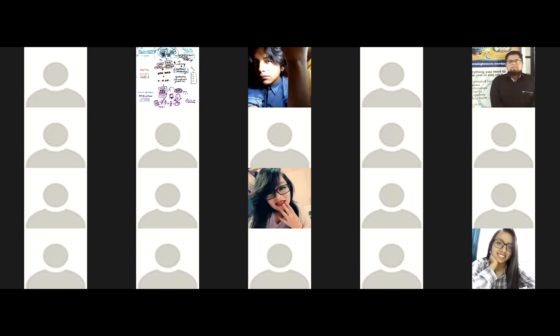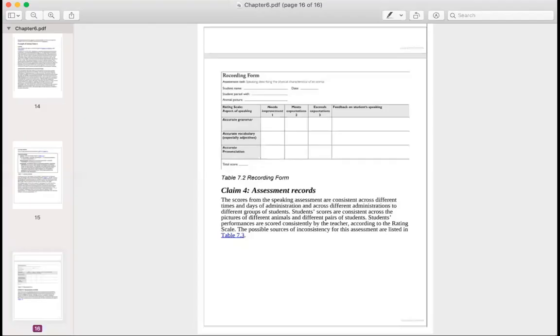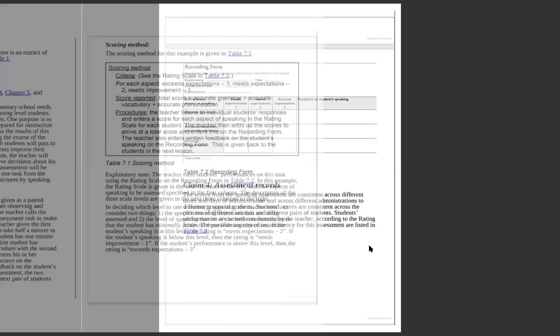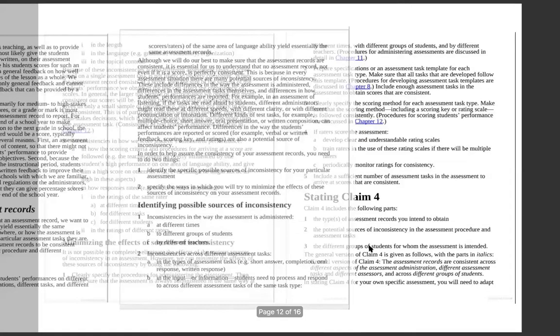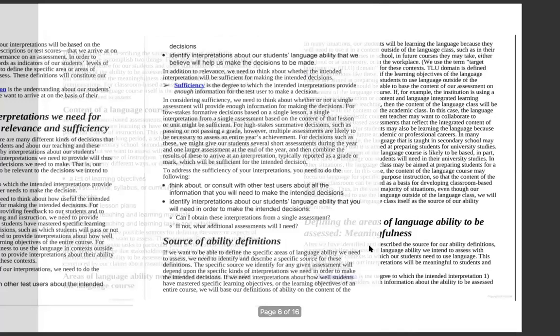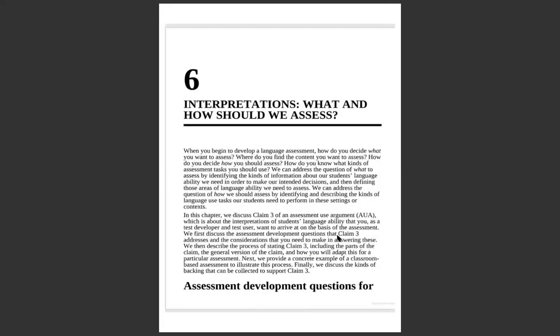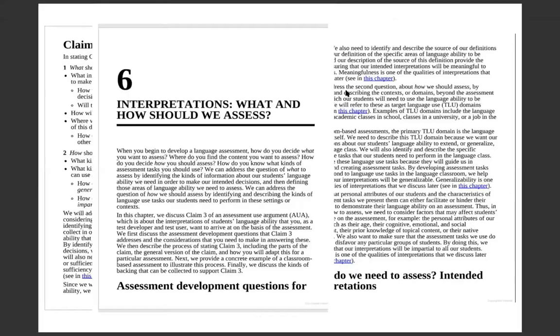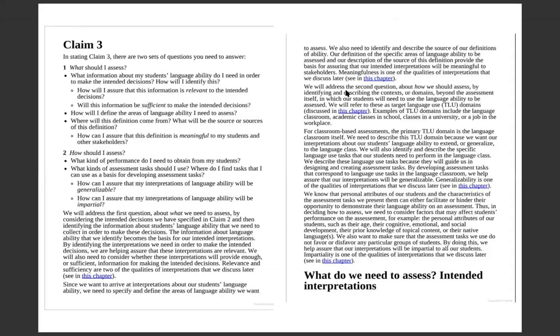Maybe you can explain a little bit about the content of the unit, and what part of the language ability you want them to improve. Great. That is interpretations. So if we go down, we're going to have assessment development questions for claim 3.